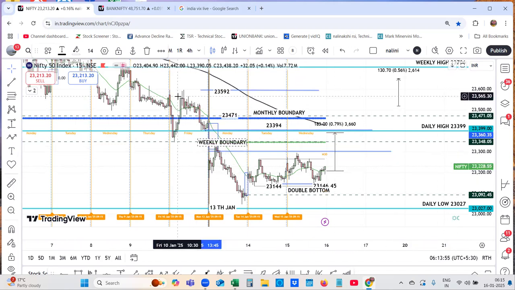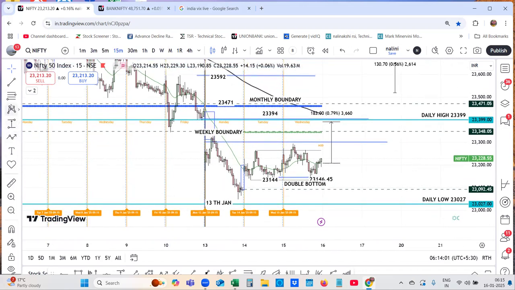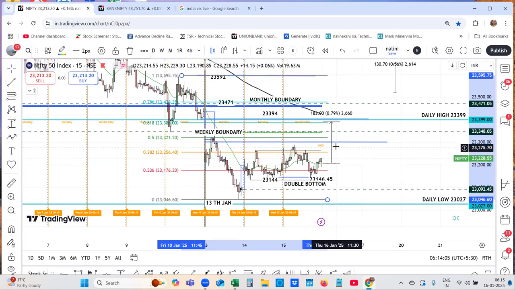Now, after this huge fall, if I take the FIB tool and measure the retracement, suppose if it retraces to this, that will be 0.5, that is 23,321, and 0.618 comes to 23,381.